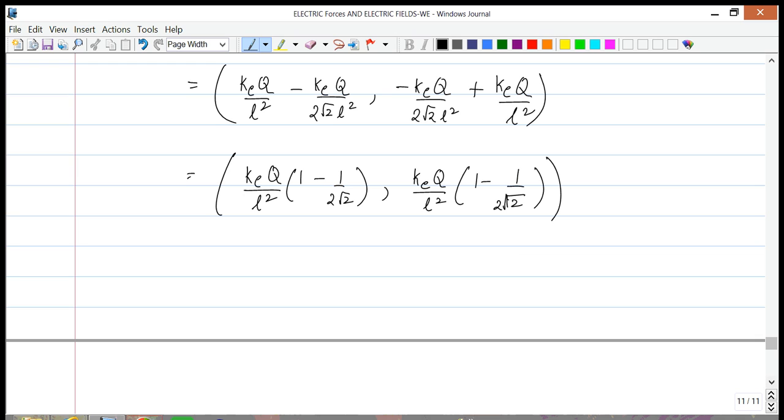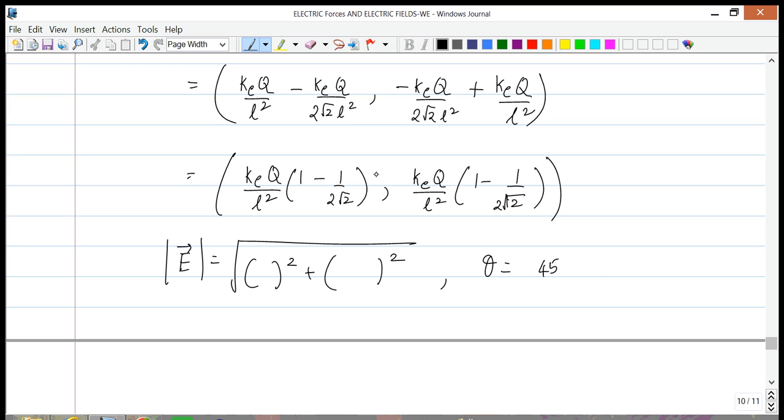Now the magnitude of the vector can be calculated very easily: you take the x component square plus the y component square. You can also figure out the direction very easily. The components are both equal, so the direction is simply 45 degrees, and it will be northeast because that's the quadrant it's pointing in. So finish this all out, calculate the values, and then you should be able to obtain the final results. All right.